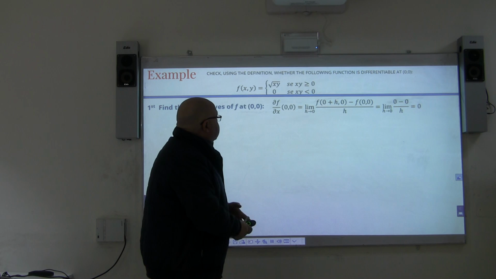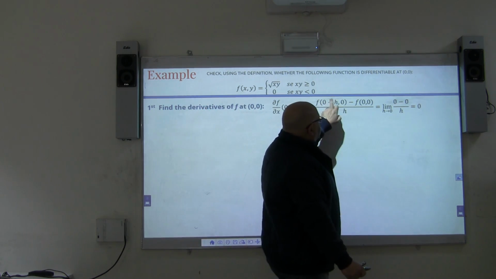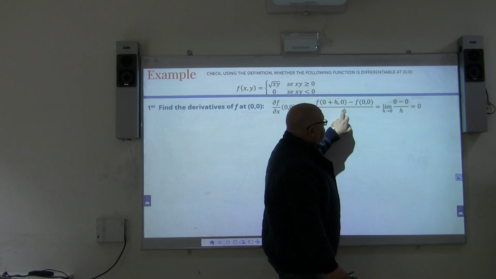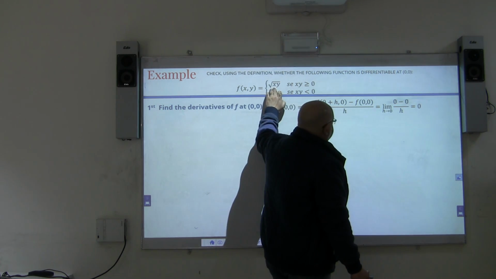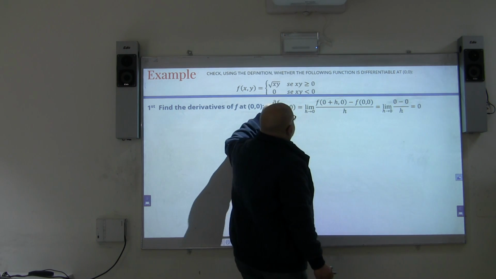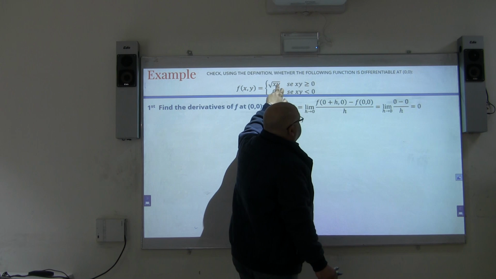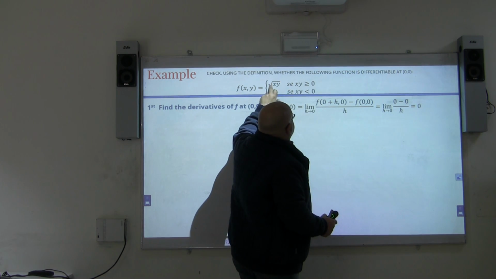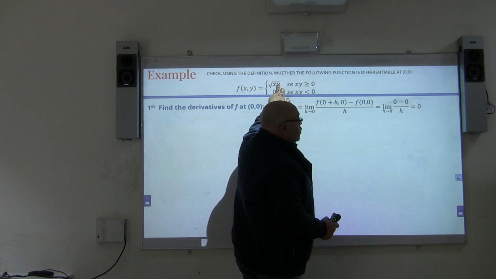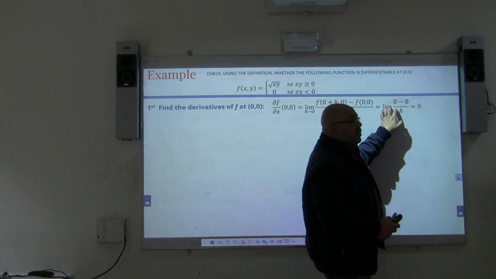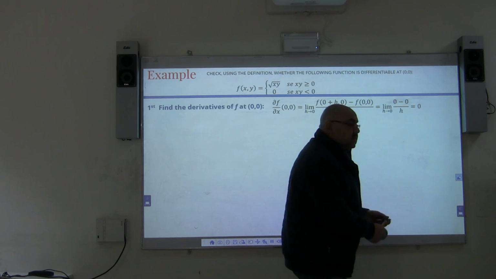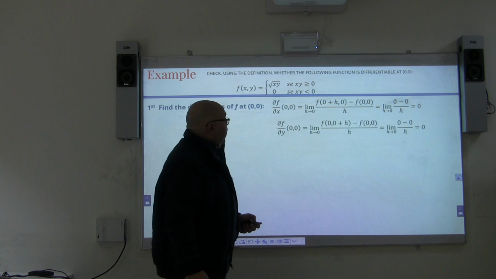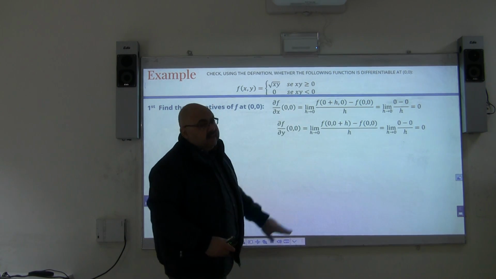The definition states the limit of f(0 plus h, 0) minus f(0, 0) over h, and once you start substituting, it will be the root of 0 times 0, which is 0, minus the root of (0 plus h) times 0, which is also 0. So the numerator is 0 before even using the limit. It's already existent, equal to 0. If I want to find the derivative in y, it will be exactly the same.